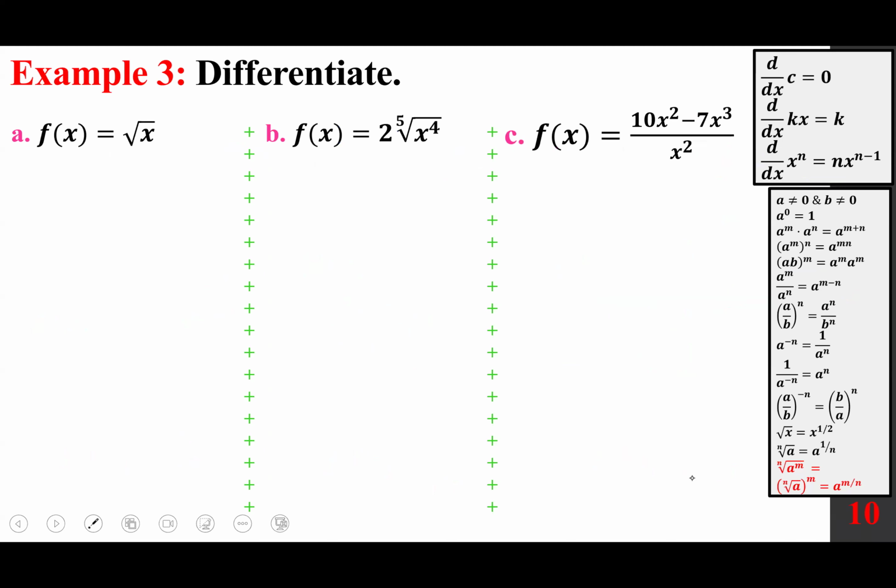This one, we've already seen it again. Square root of x. We are looking at this one, everybody. So x to the power of 1/2. Now it's ready for the power rule. 1/2 x to the power of 1/2 minus 1.